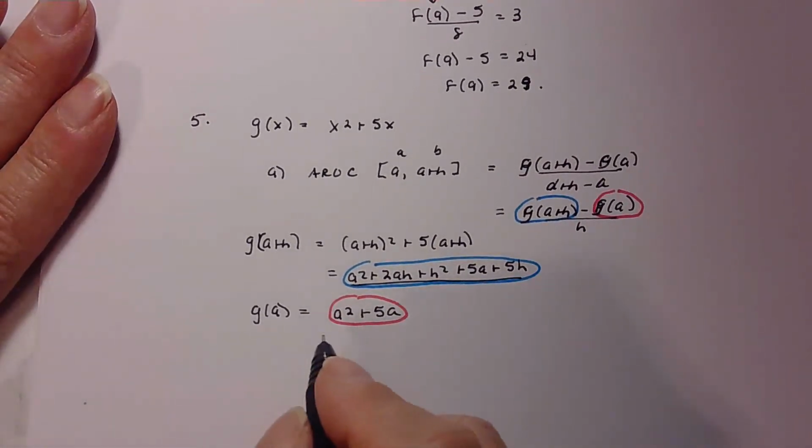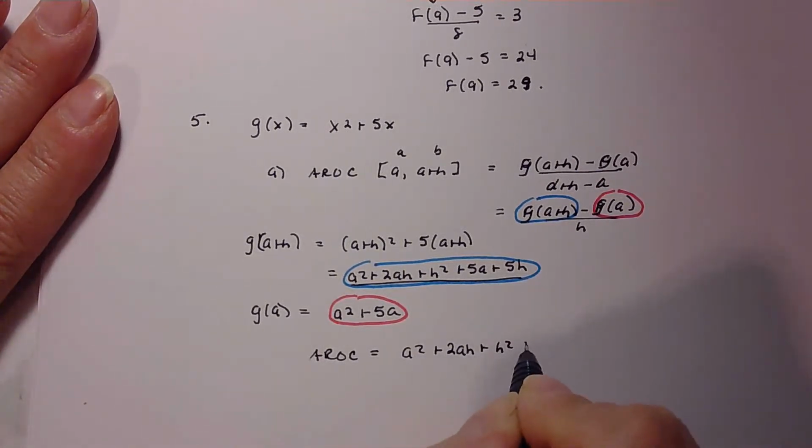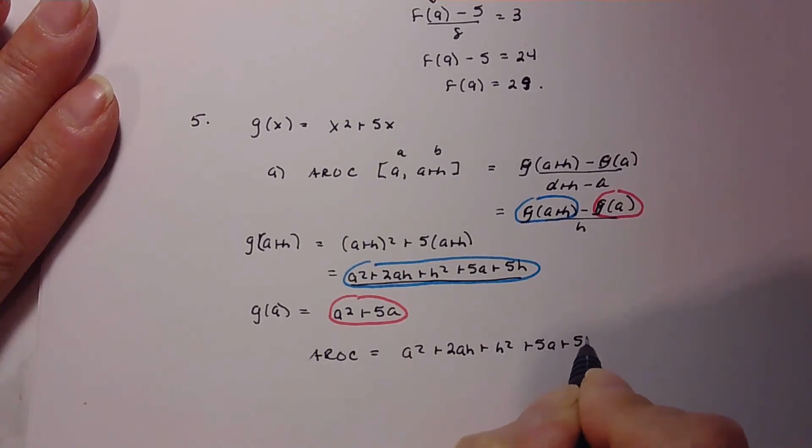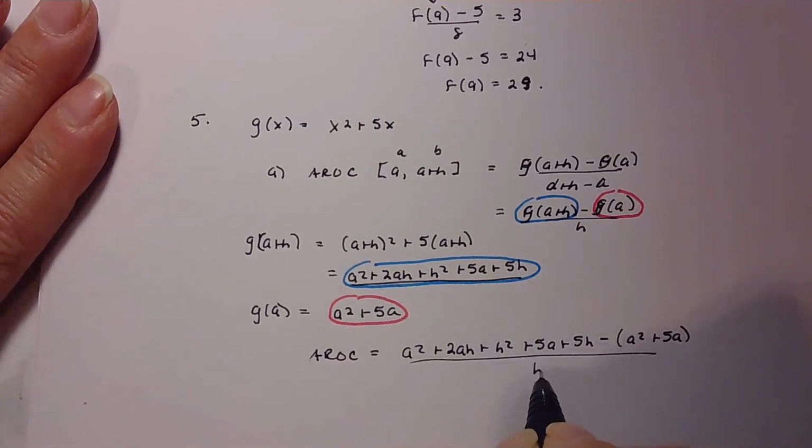So what we're going to have is that the average rate of change is equal to A squared plus 2AH plus h squared plus 5A plus 5h minus A squared plus 5A all over h.